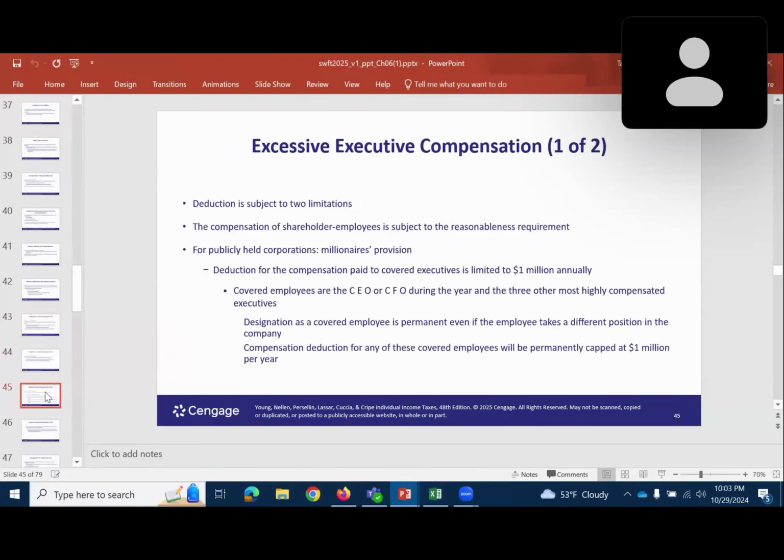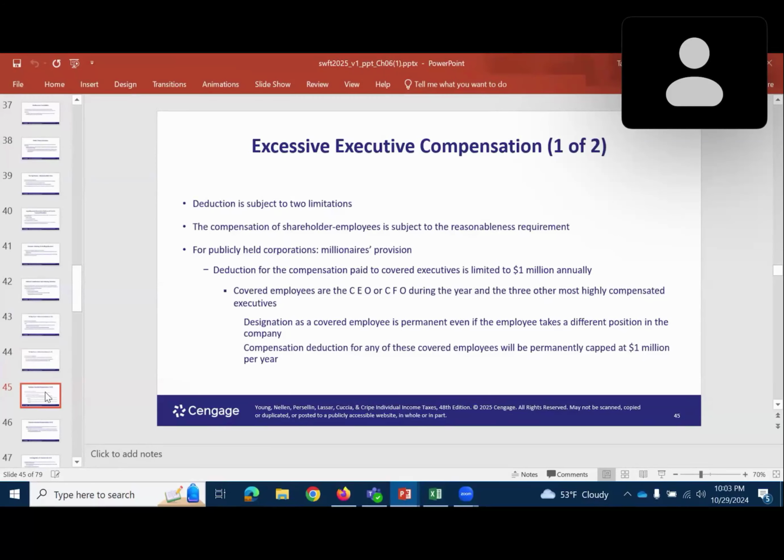Executive compensation. I'm a CEO, I'm a CFO, I make a lot of money, right? Well, say I'm the owner of the company, I'm the board of directors, and I'm paying you a lot of money. When I pay you, we have a deduction on our books and records for salary expense.